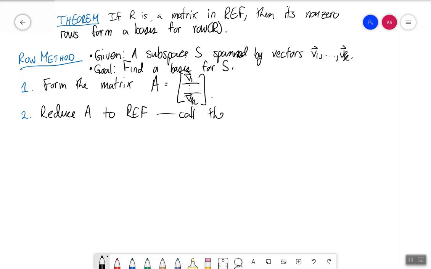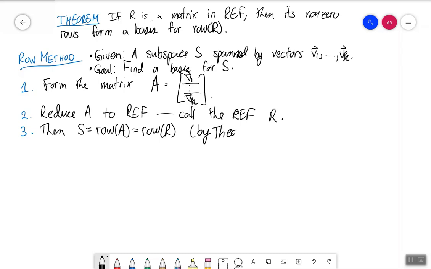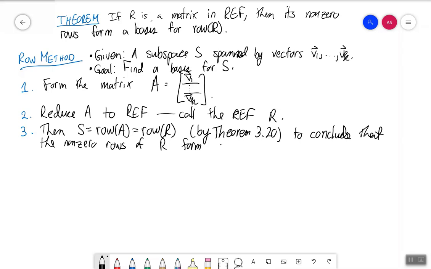Call the row echelon form R. Three, then use that S is equal to the row space of A, which is equal to the row space of R, and this is by theorem 3.20, to conclude that the non-zero rows of R form a basis for the row space of A, or in other words, for S.